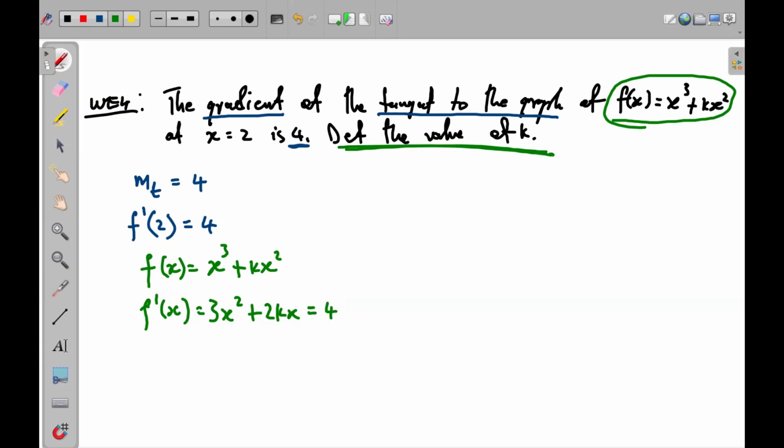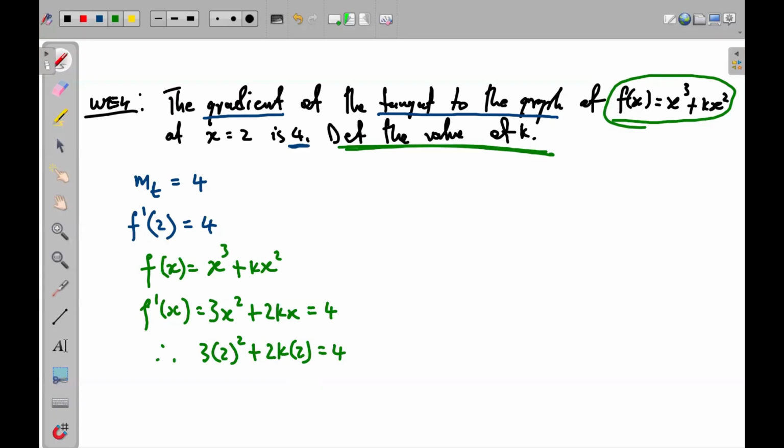That's one thing that we know, because this is what f prime is. Now, fortunately, we also know the x value, which makes this thing equal to 4. That x value is 2. So if I substitute 2 here, I can then have an equation in terms of k.